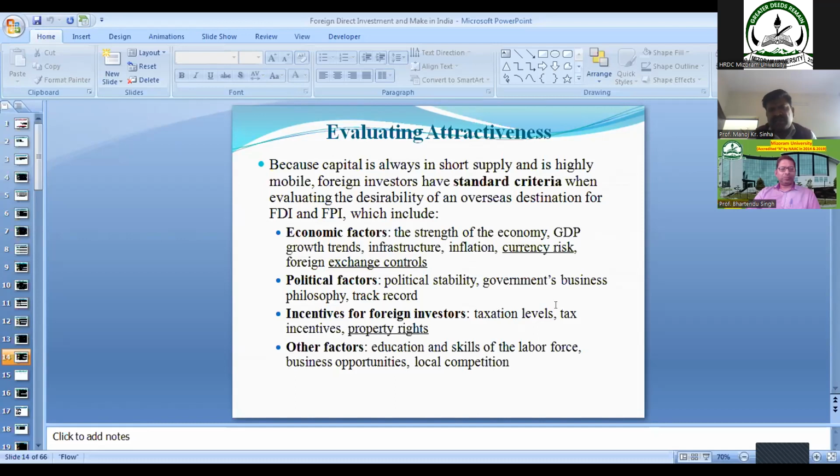Incentives for foreign investors include taxation level, tax incentives, property rights, level of education, skilled labor force, business opportunity, and local competition. If all these factors are strong, then foreign investors are ready to set up business in India. Otherwise, they can invest through foreign portfolio investment.